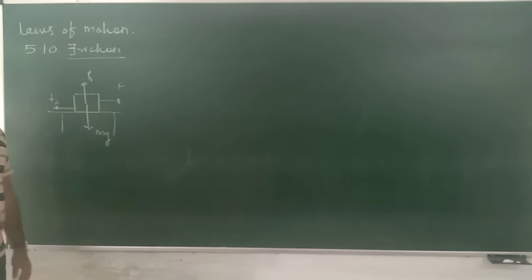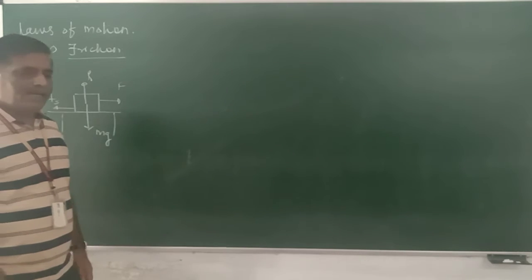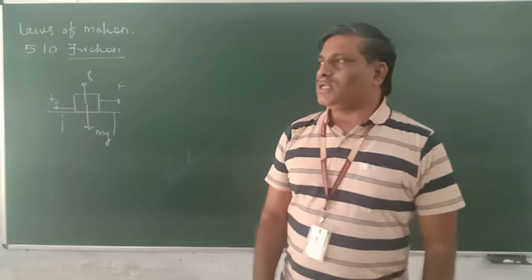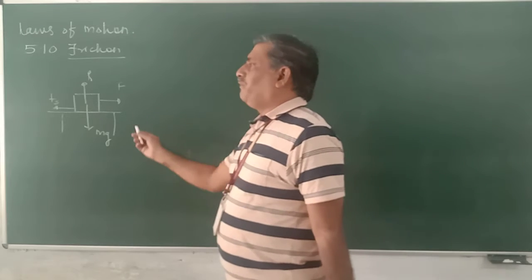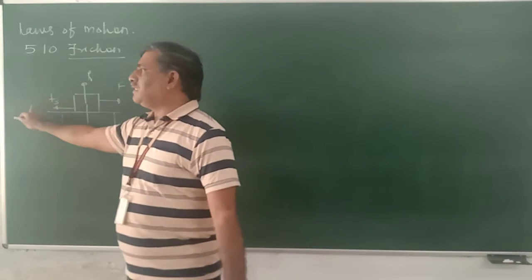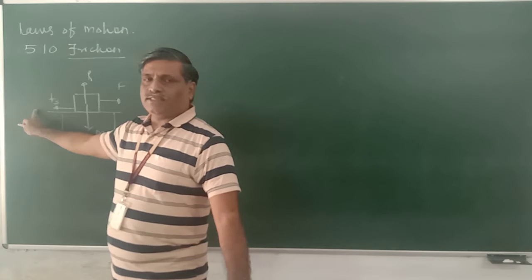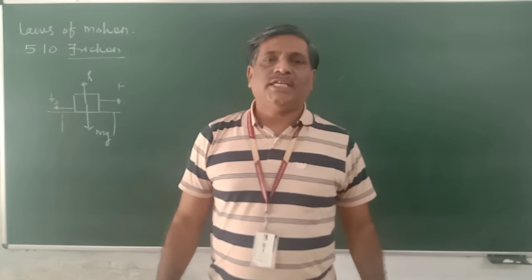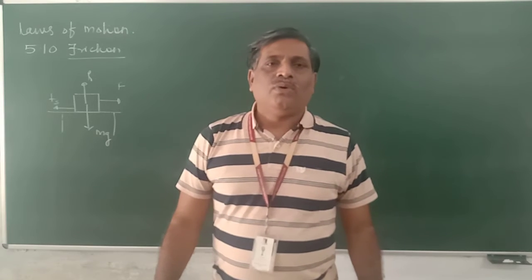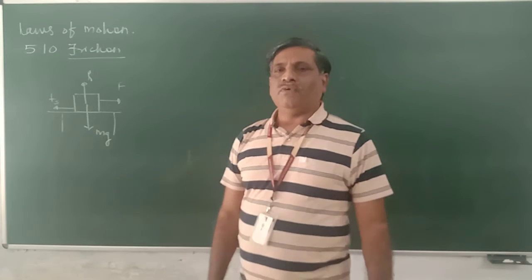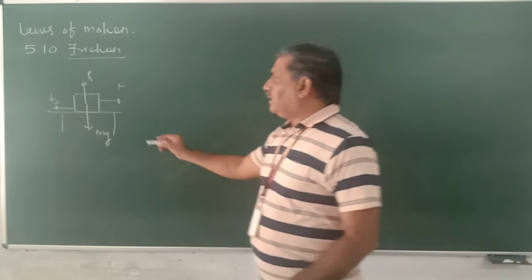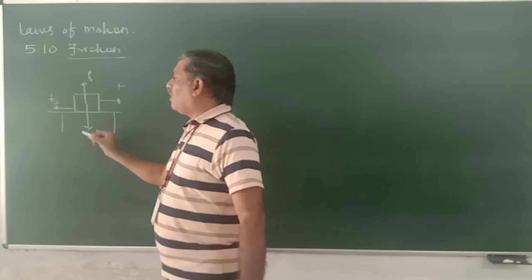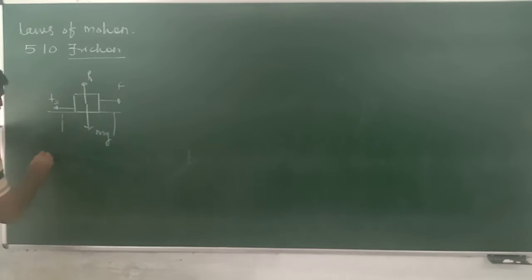Then we increase the applied force slightly. Again the block is not moving. It indicates that the force along this direction also increases. So the block remains stationary even though we apply a certain force, and a force is developed in this direction, which is called the static force of friction.